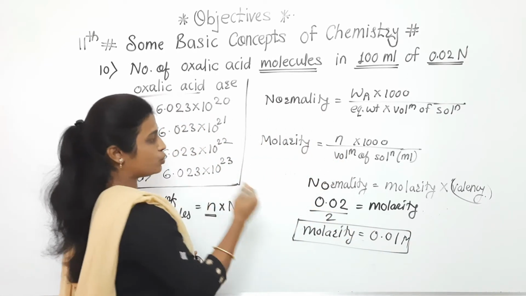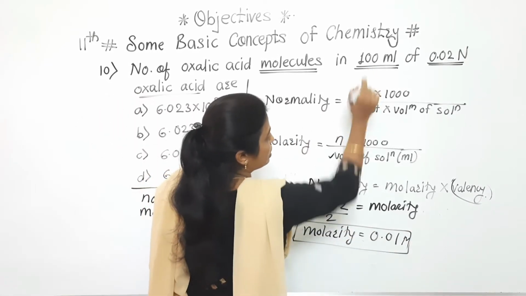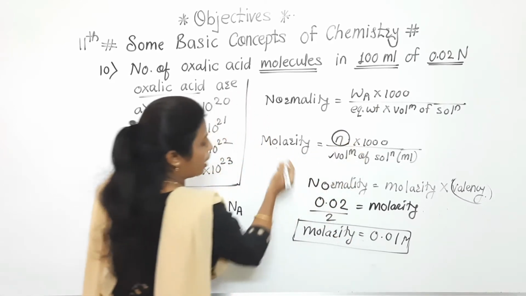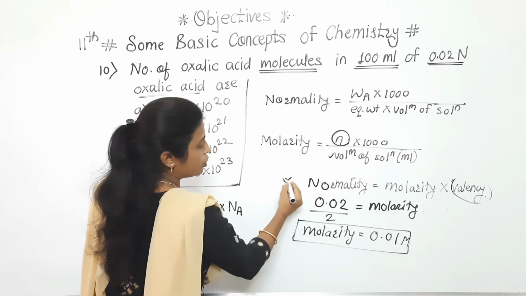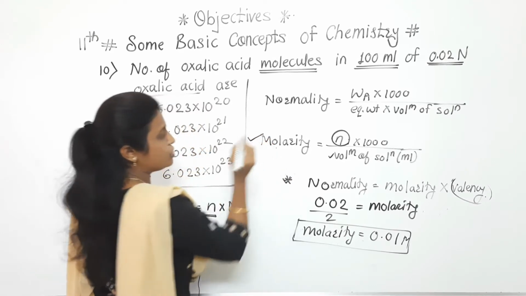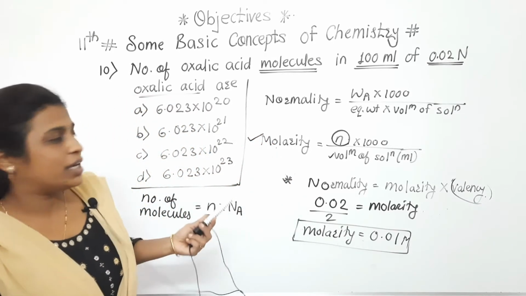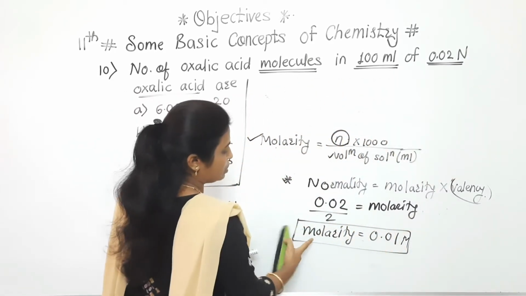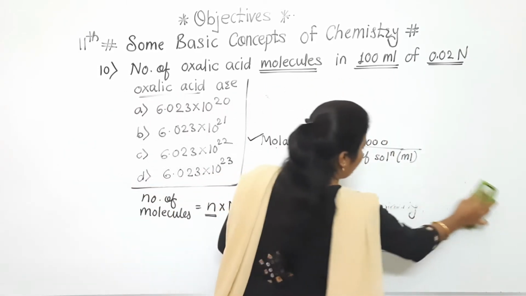Now what do we have to do? See, volume of solution is given and molarity is given. Now we have to use the molarity formula, so there is no use of the first formula. Now I am putting these values in this formula.